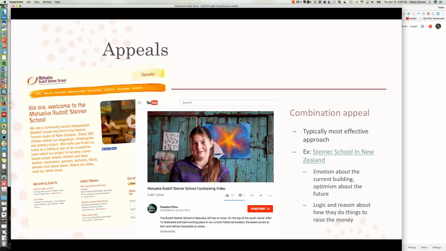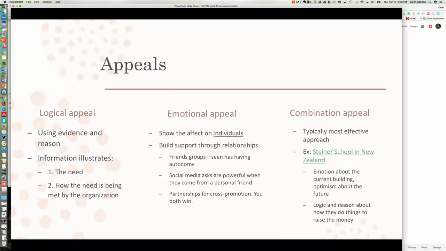And then they also ask for money to help move the school, so donations and things like that. So the idea is that they combine both a logical appeal as to what they're doing to raise money, and then an emotional appeal as to what really makes this school special and worth your donation. So it's an interesting video to take a look at.